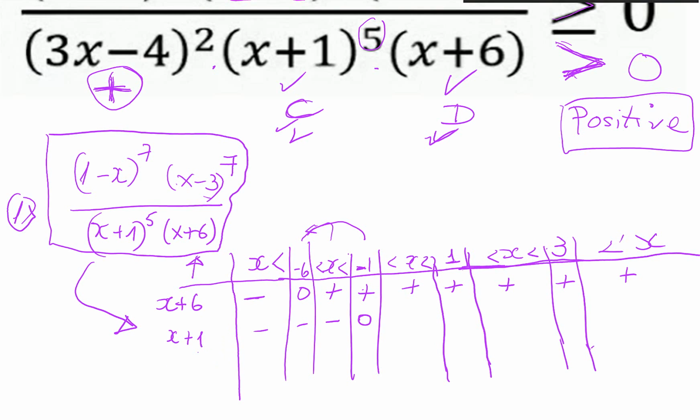See the case: minus 2 plus 1 is minus 1, negative. Here it is 0, and to the left it is negative. Now, to the right, for all the other values, x plus 1 is positive.